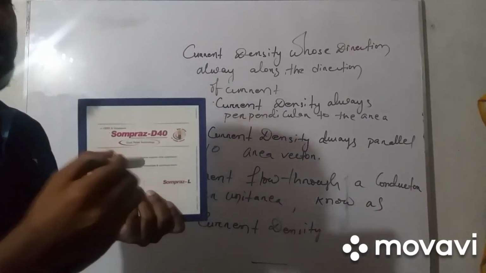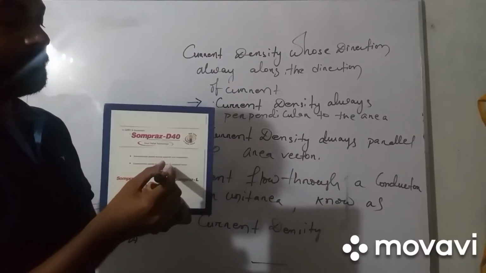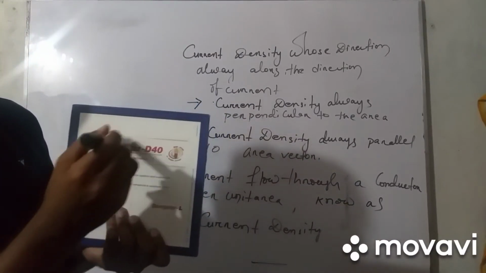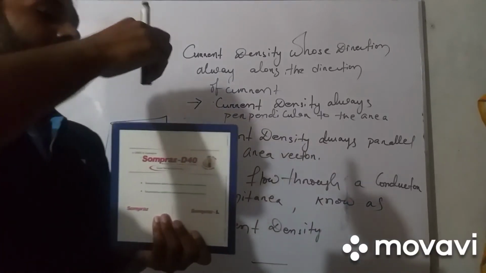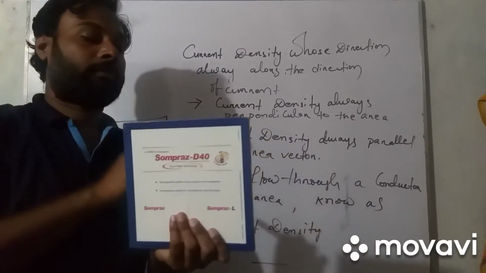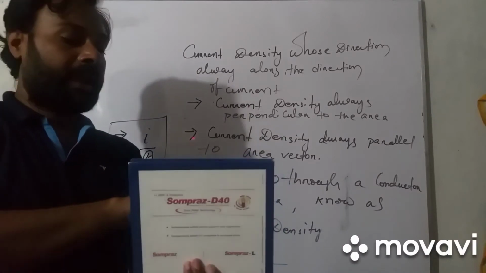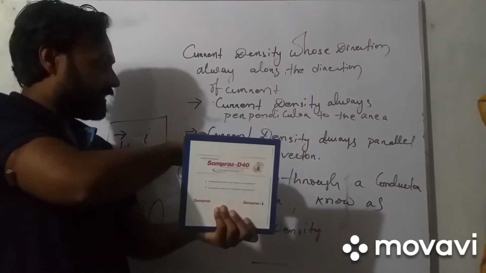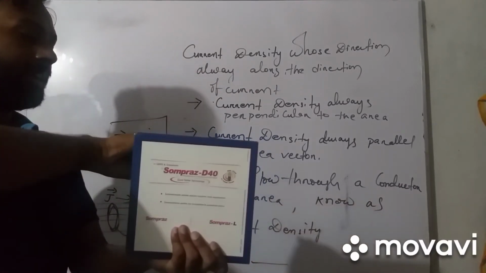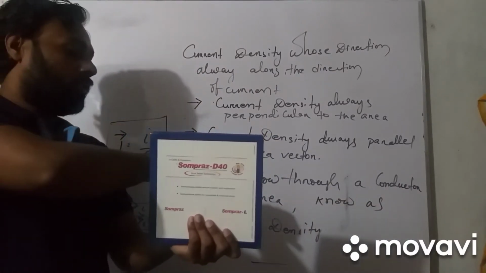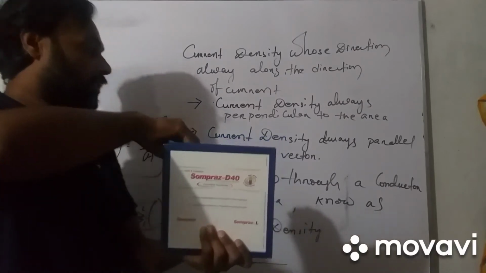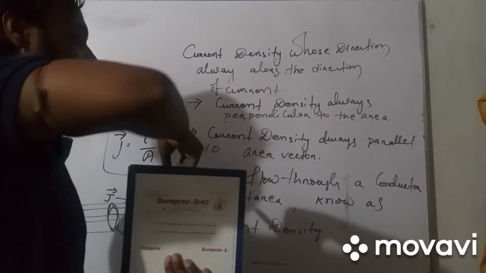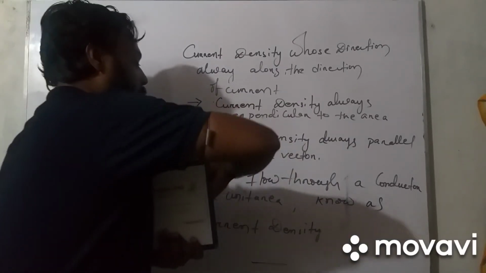This is the current density which is passing through that area and perpendicular to it, but it is parallel to the area vector, because the area vector is moving towards the direction of the blackboard, and similarly the current density also moves in that direction. So the area vector and the current density both are parallel to each other.